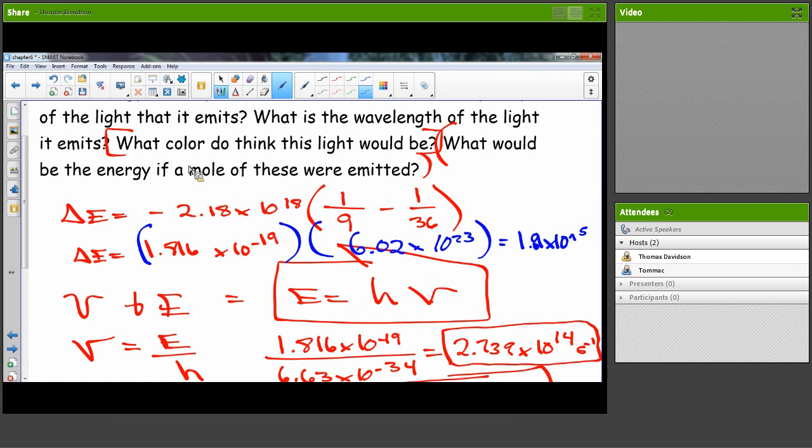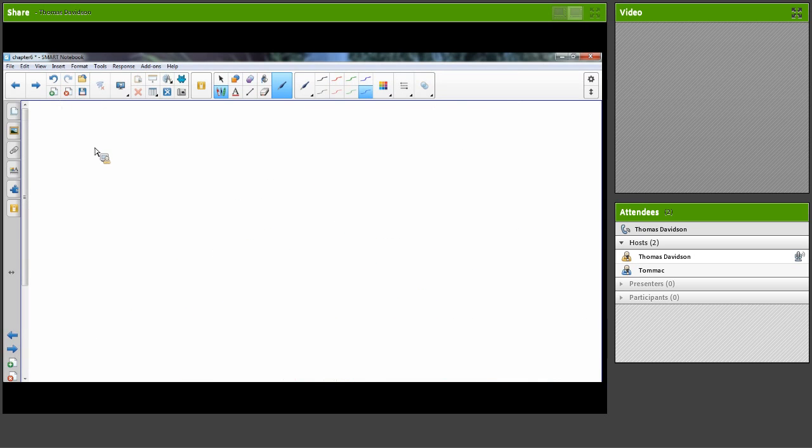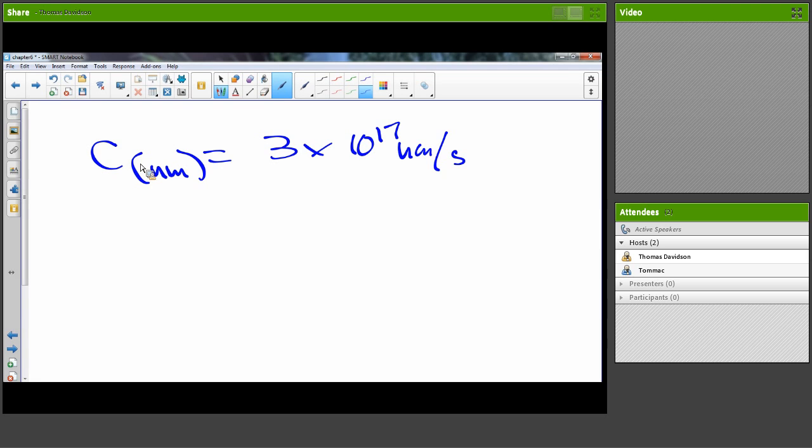Sure. For the whole year or this chapter? Okay. You need to know the speed of light in nanometers. And that's 3 times 10 to the 17th nanometers per second. You need to know Planck's constant, which is h.